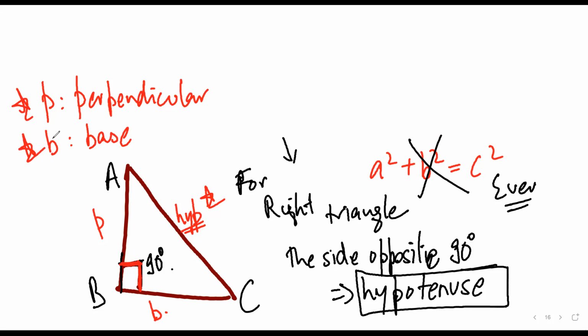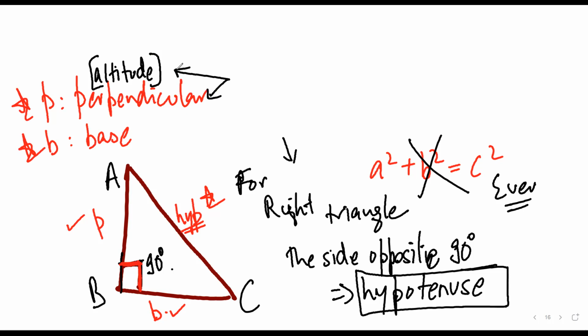See, if the triangle is like this, then this would be the perpendicular, this is the base. A perpendicular is also called altitude. This is another name that you might meet sometime. Perpendicular and altitude are same.